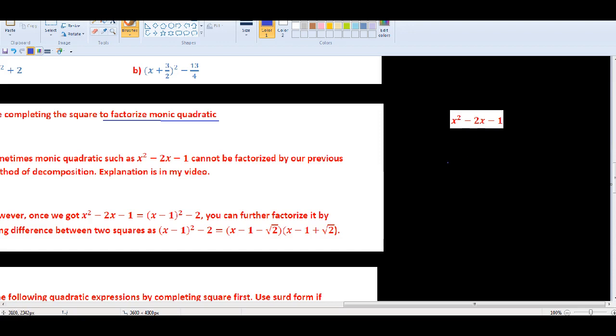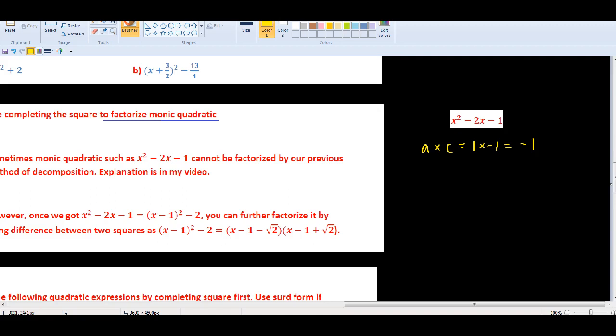In our previous video, we know that if you got things like this, you need to check the product between A and C, which is 1 times minus 1, which is minus 1. Then you need to see what combination of factors we have, so you need to find a pair of numbers.